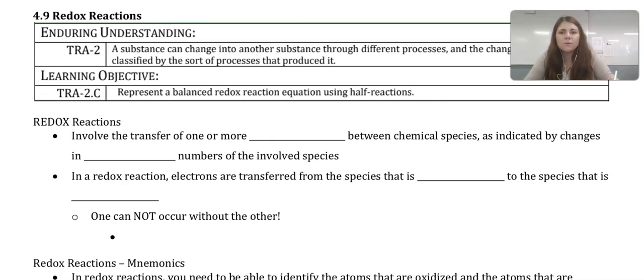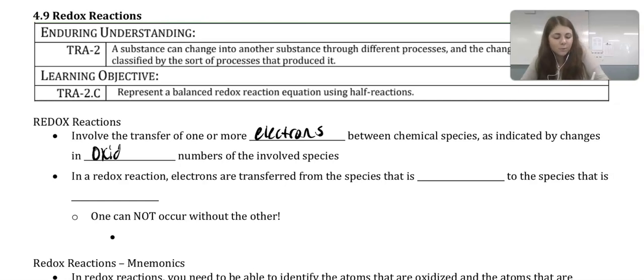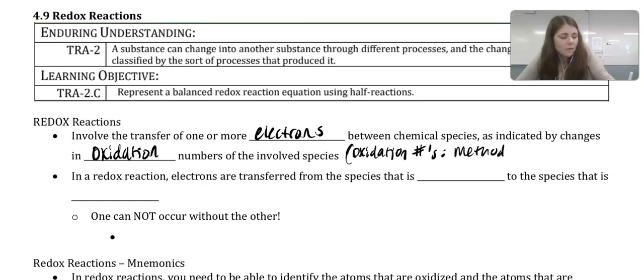It's going to involve the transfer of one or more electrons between chemical species as indicated by a change in something called oxidation numbers of the involved species. Just real quickly, oxidation numbers are just a method of tracking electrons.